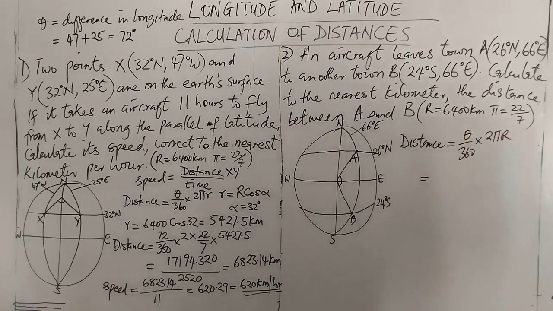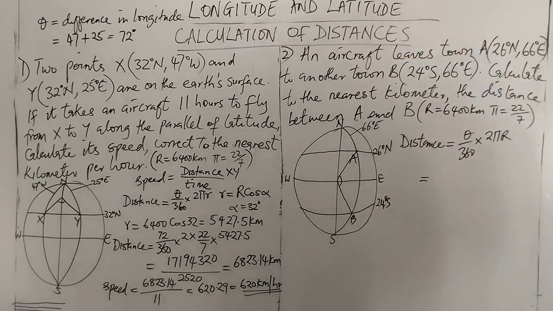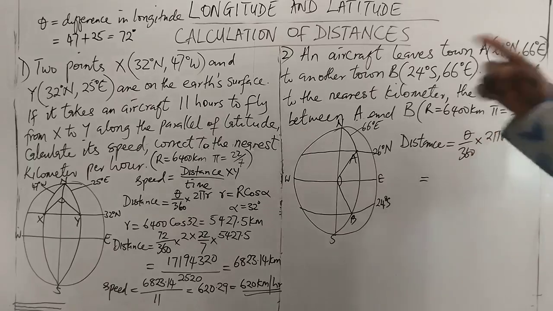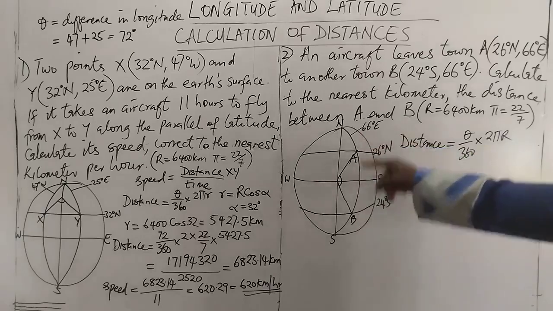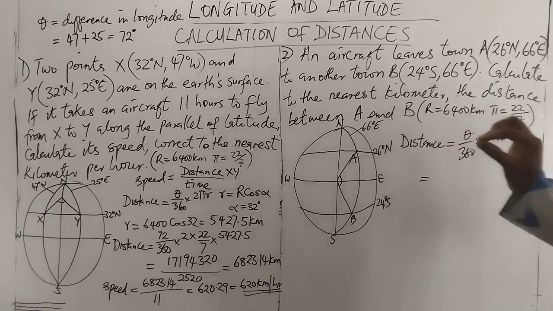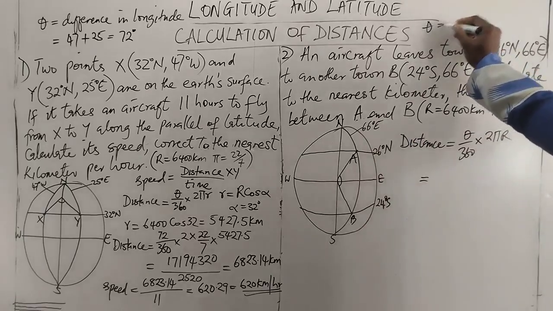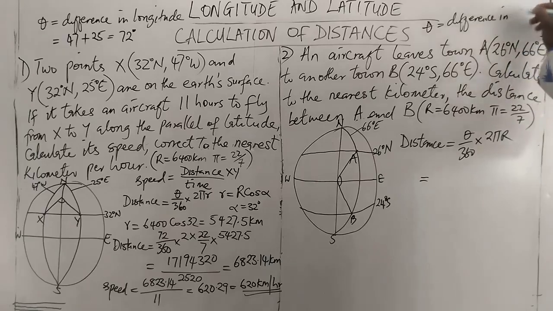Theta here. In the first one, I told you, when the 2 points lie on the same line of latitude, we talk about difference in longitude. But when both points lie on the same line of longitude, theta becomes difference in latitude.